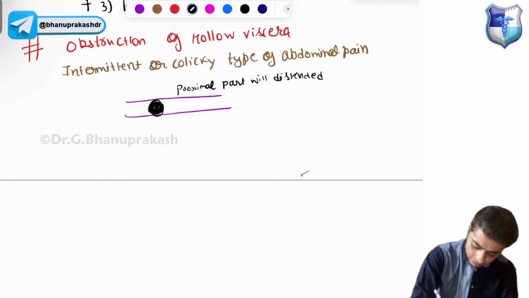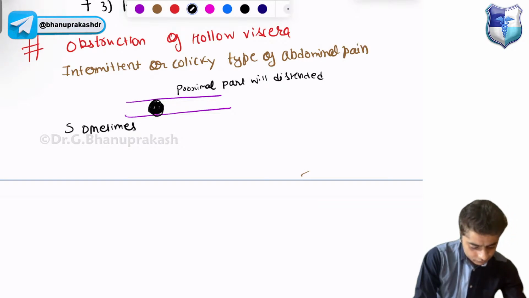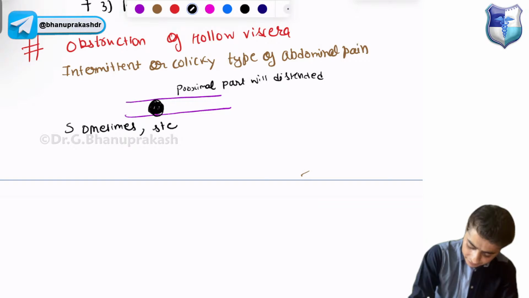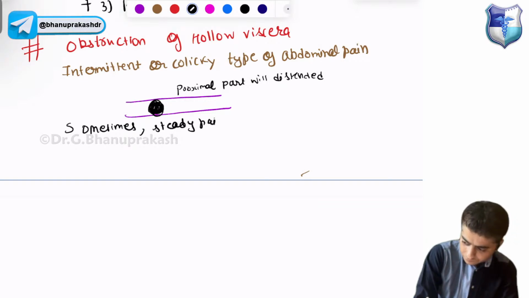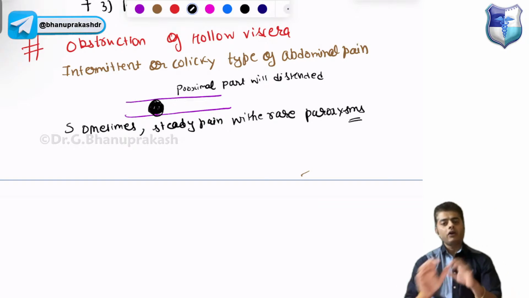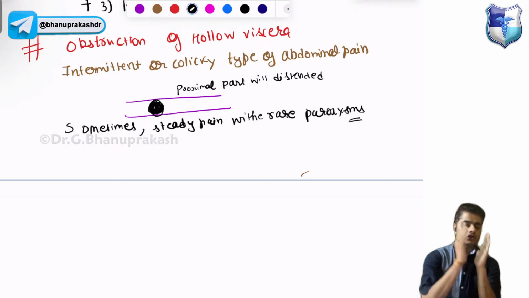So what we say is, sometimes steady pain with rare paroxysms. Now you understand why there is steady pain in obstruction of hollow viscera.